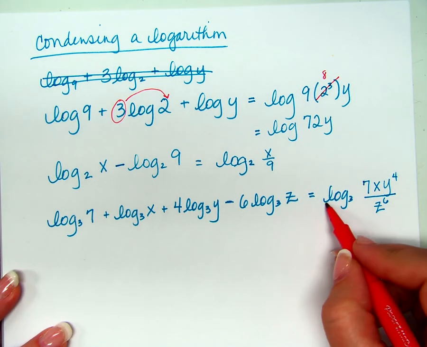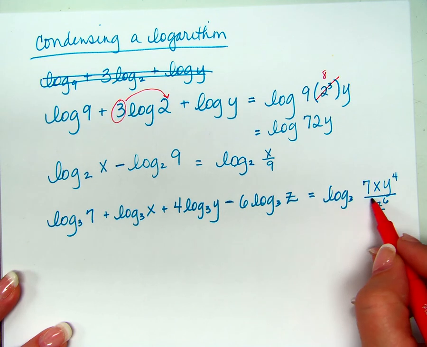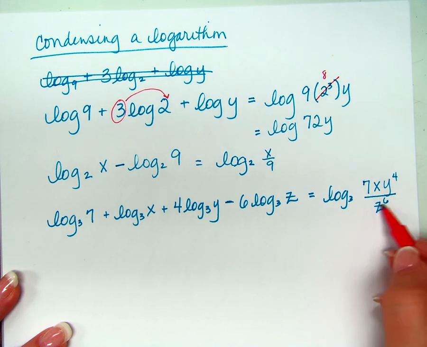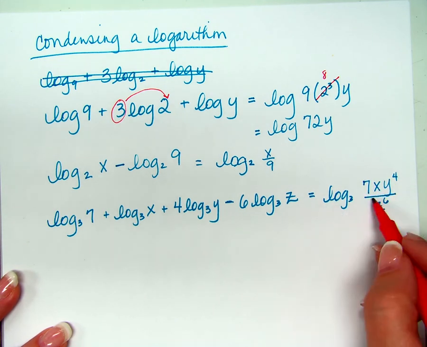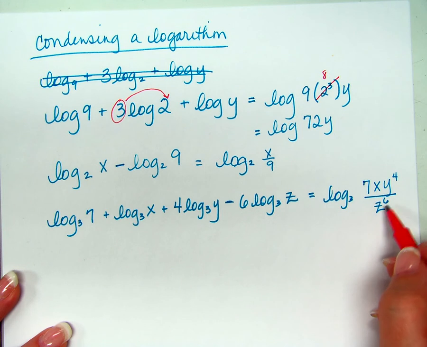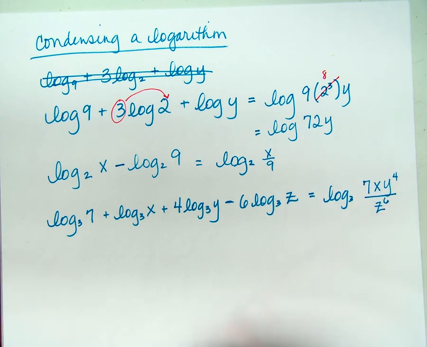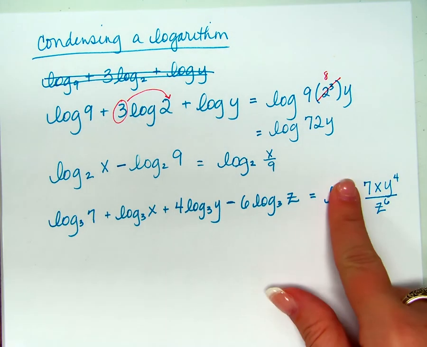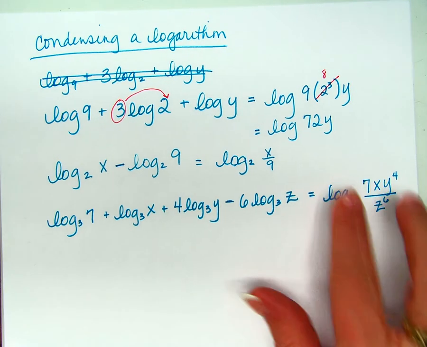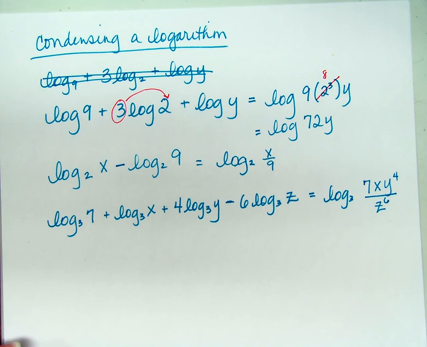It's just inside the logarithm. We're not dividing the logarithm by z to the 6th. I'm dividing what's in the argument already by z to the 6th. So write log base 3 and then you don't even mess with that anymore. Everything else is in the argument. Does that make sense?